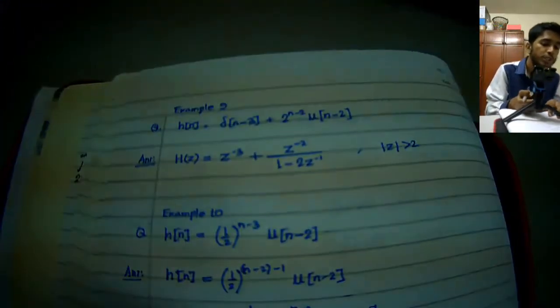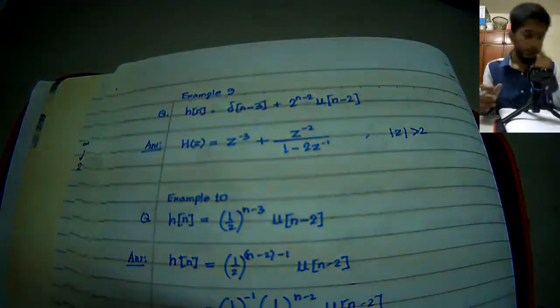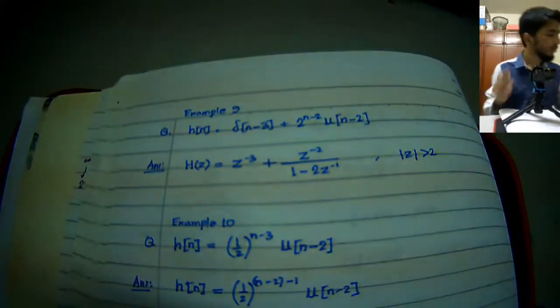Now let's move towards example number 9, which considers the other properties.